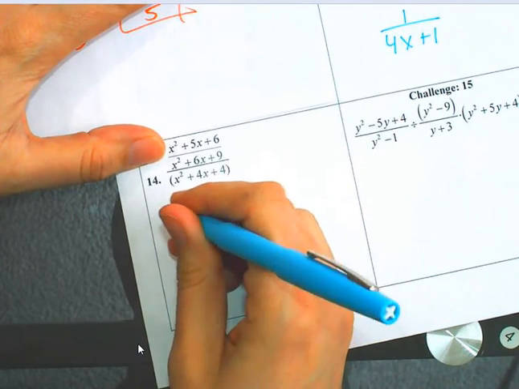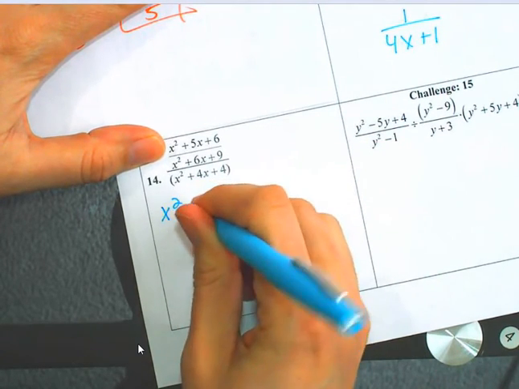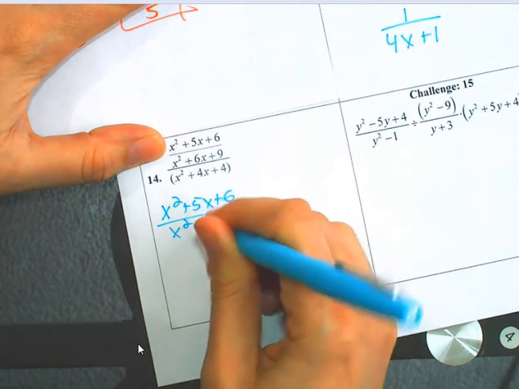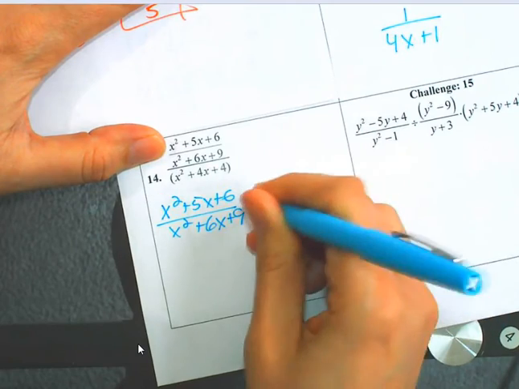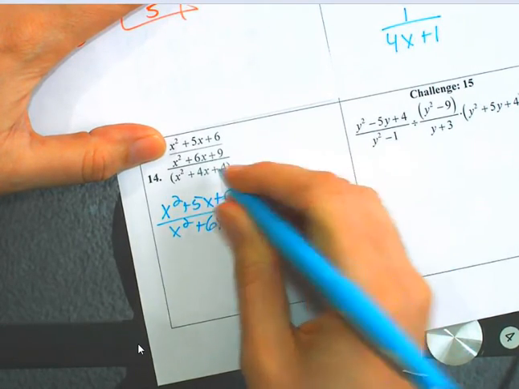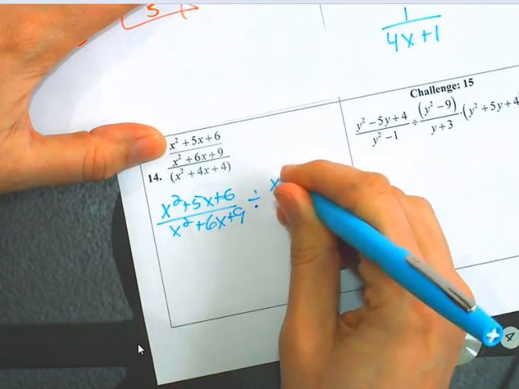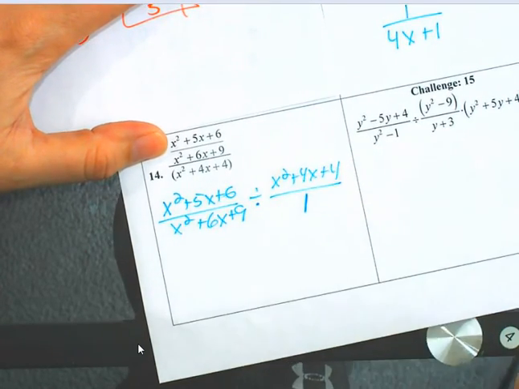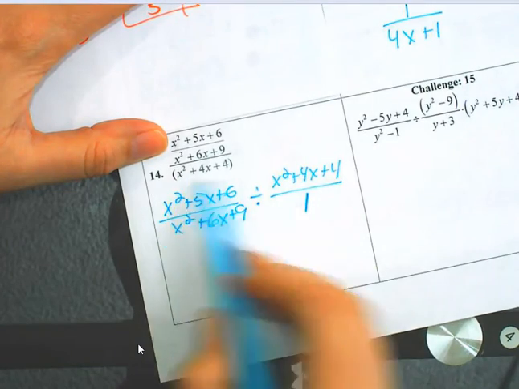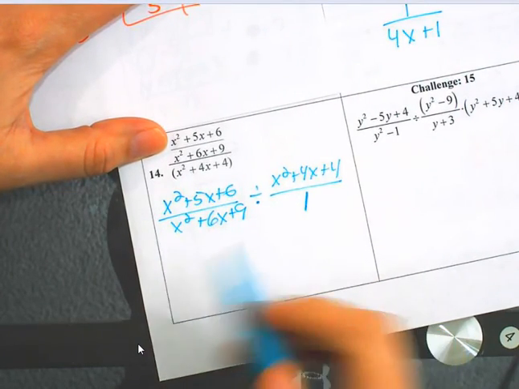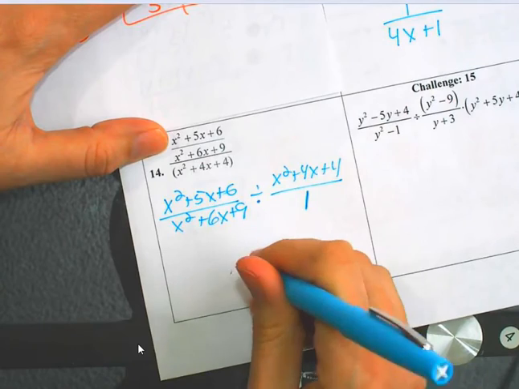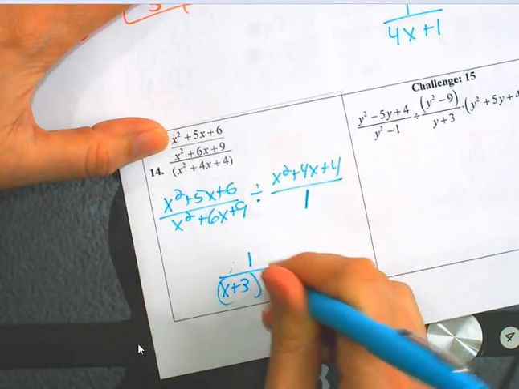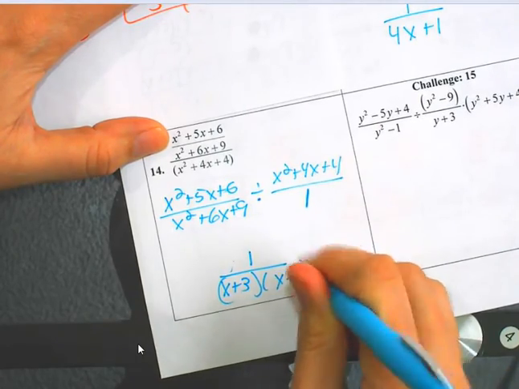So remember that you want to rewrite x squared plus 5x plus 6 divided by x squared plus 6x plus 9 divided by x squared plus 4x plus 4 over 1. So if there's no denominator, you know that it would be over 1. Factor, multiply times the reciprocal. You should get your final answer as 1 over (x plus 3)(x plus 2).